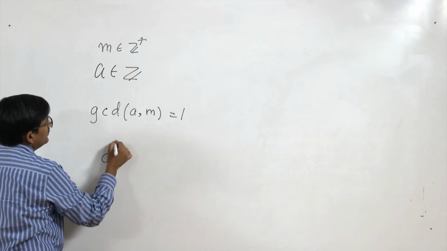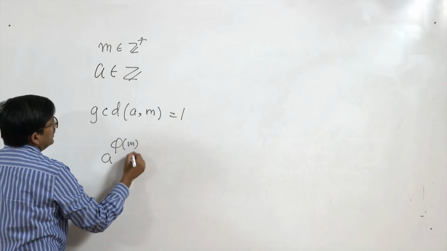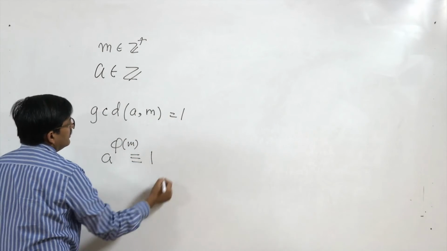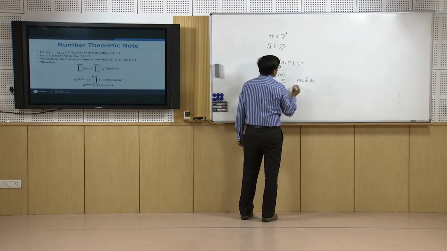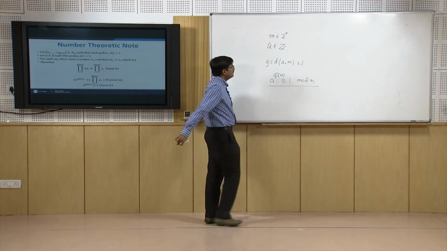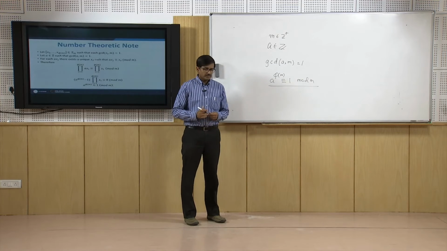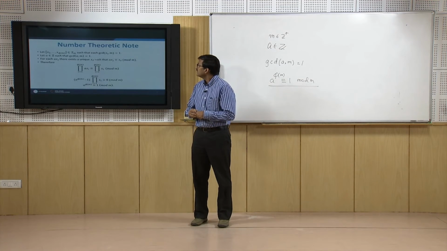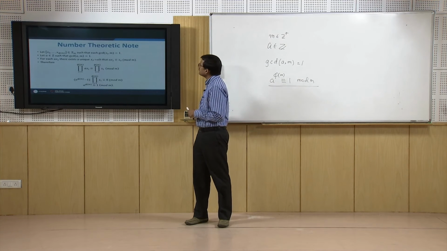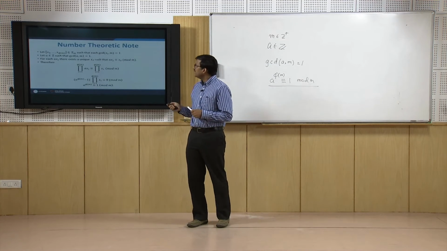Then A raised to the power phi m is congruent to 1 mod m. Now, this is a general rule. I have written the outline of the proof here.